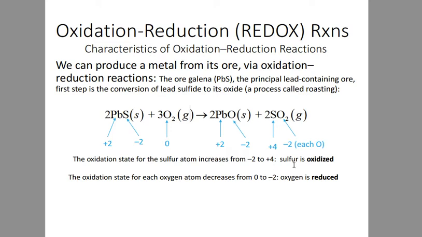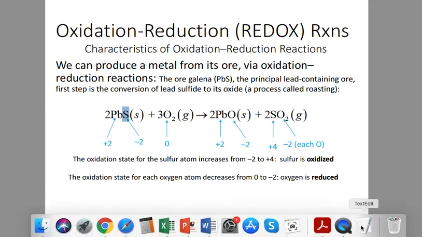So the sulfur was oxidized because it lost electrons, right? It became more positive. We know that electrons are negatively charged, so it was oxidized. So we're saying the sulfur was oxidized, and the oxygen went from 0 to, on this side, in both cases, -2. So the oxygen was reduced.